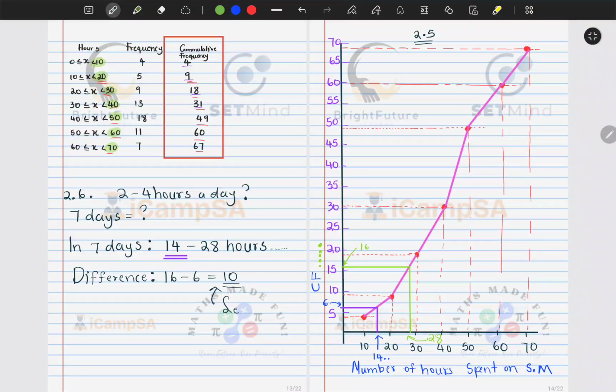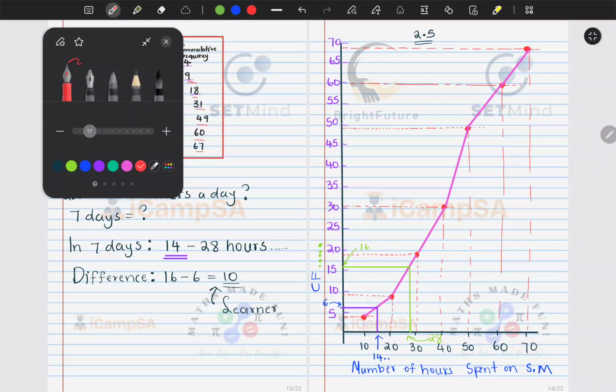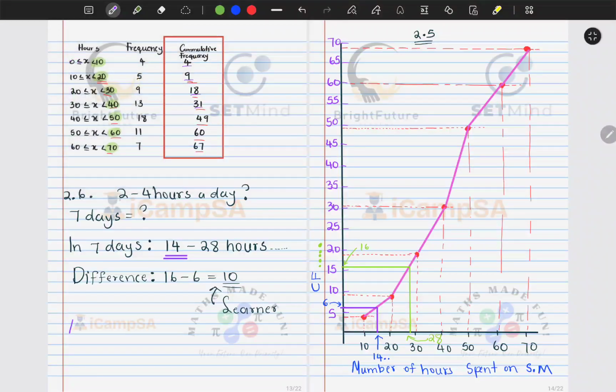So you have about 10 learners who spend that amount of time per day on social media. So we can go ahead and put up our answer. And what we are going to say is 10 learners spend, remember, this would be between 2 and 4 hours on social media per day.